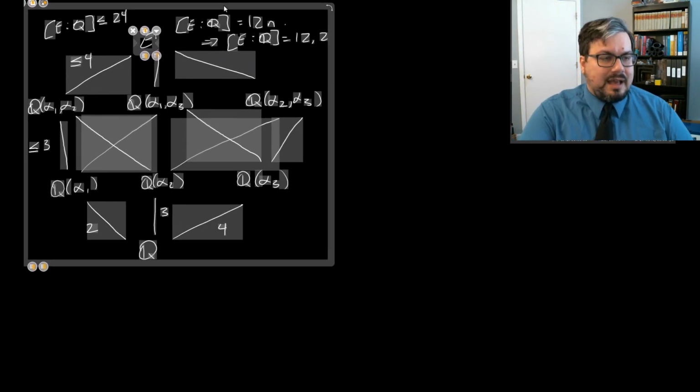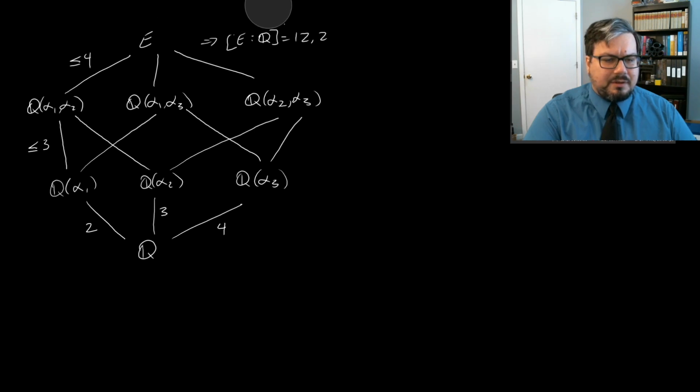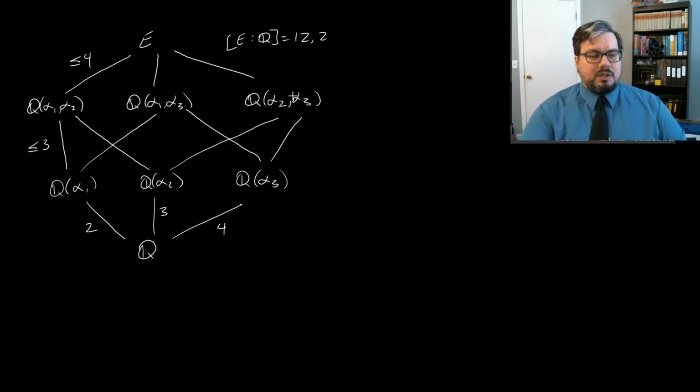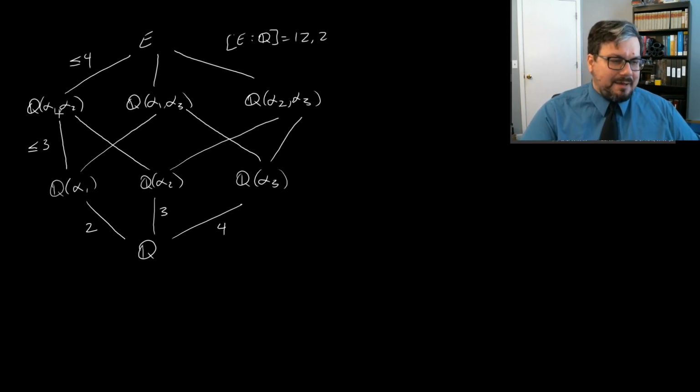So let's look at the situation that we have and see how we can improve. Now let me erase these things that we don't need anymore. Here's what we've got. What we would like to do is start filling in some of these other degrees more specifically. We have that this one is less than or equal to 3, this one is less than or equal to 4.